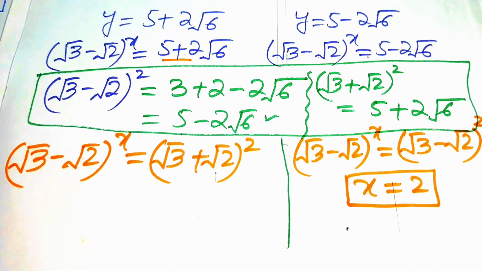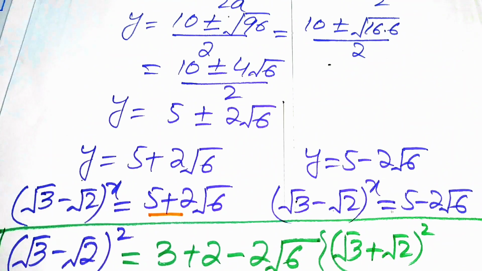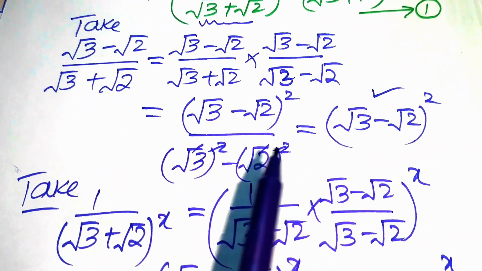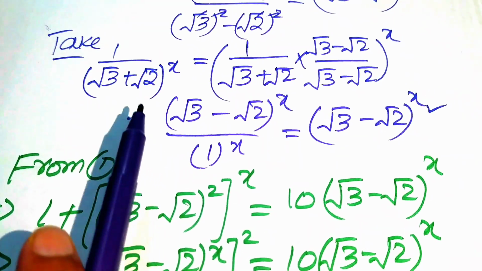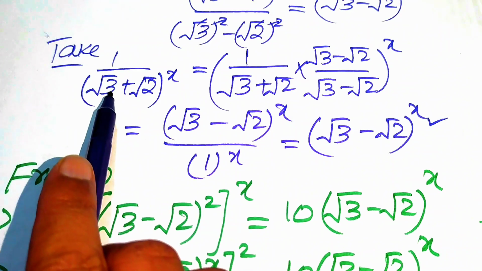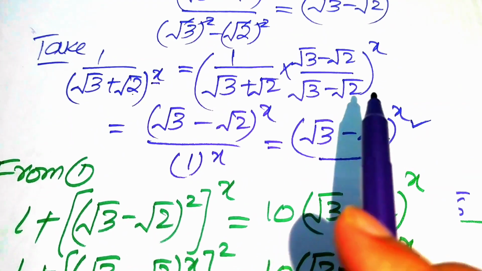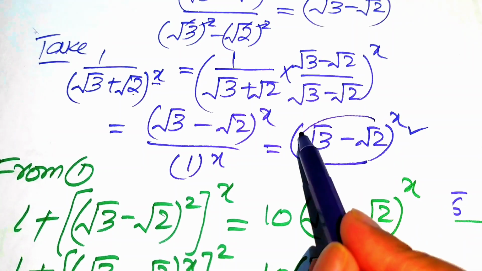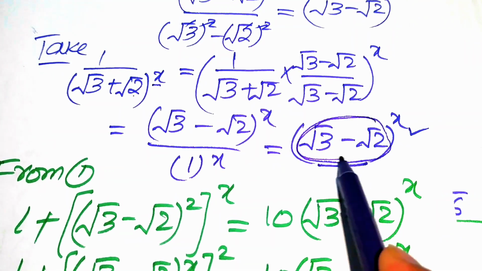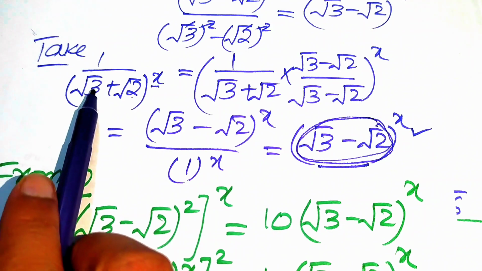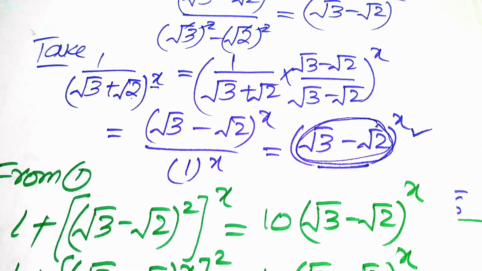So here you have one more concept. If you take the reciprocal of this base, then you get 1 over square root of 3 plus square root of 2 and its whole power x.